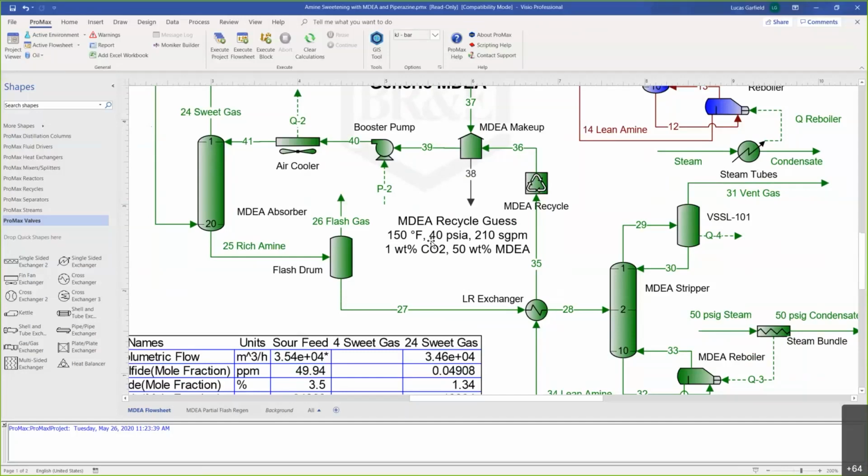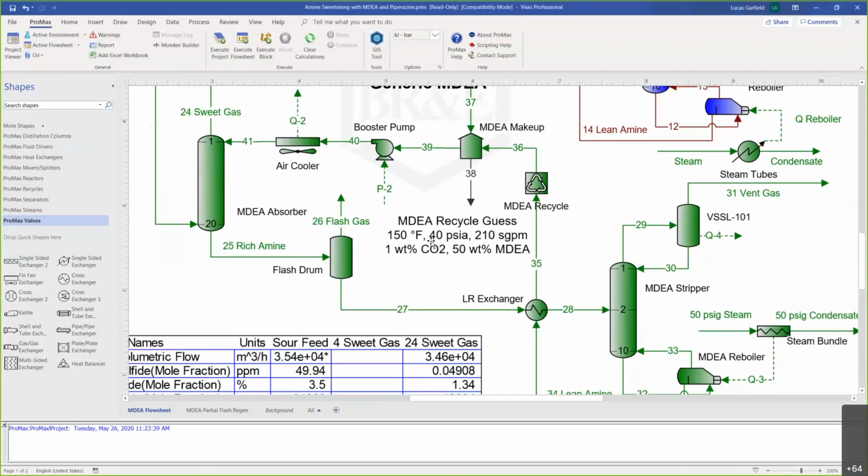When you look at MDEA systems, it's kind of hard to give you one piece of advice and say, this is the lean loading that you should use. You really have to look at these systems holistically and think about how the absorber and regenerator operate in tandem.